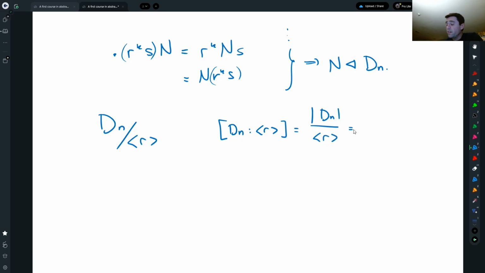The number of elements in D_n is 2n, and the number of elements in the subgroup generated by r, because r has order n, is n, so the quotient has exactly 2 elements. It has 2 cosets, N and also sN, exactly the two cosets.